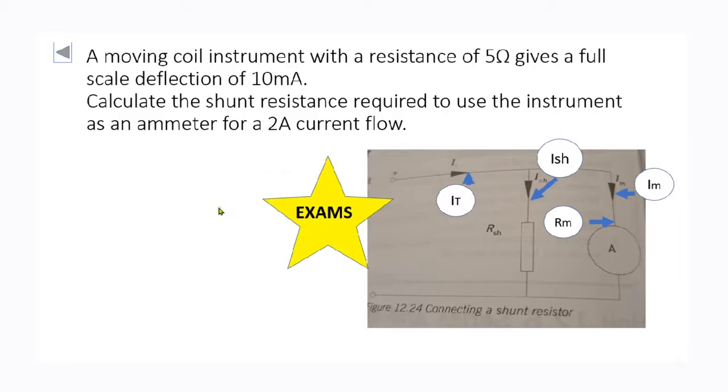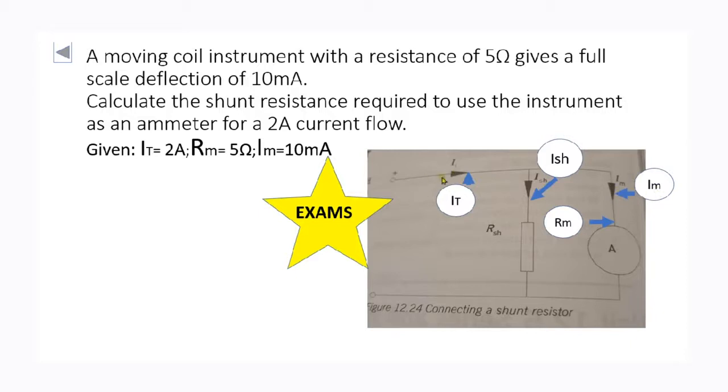The first thing we want to do is to write down all the information that is given. I am given 2 amp current flow. Remember, I have 10 milliamperes, which is traveling through the instrument. There's the instrument here, and there's a current that travels through it, so that becomes the current of my meter, IM.